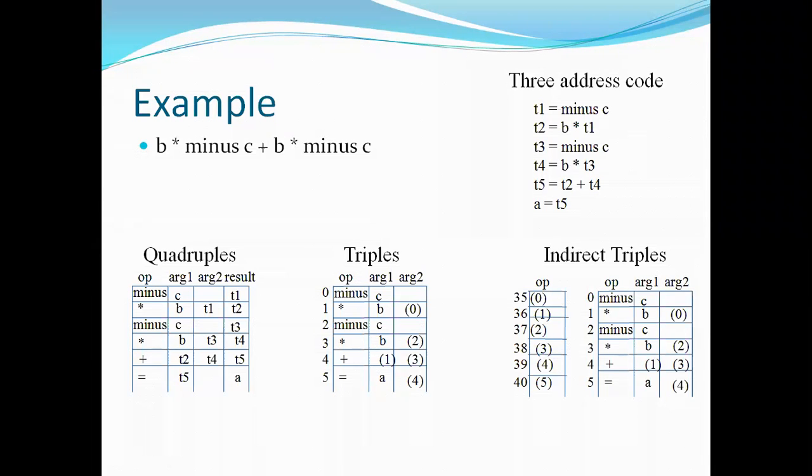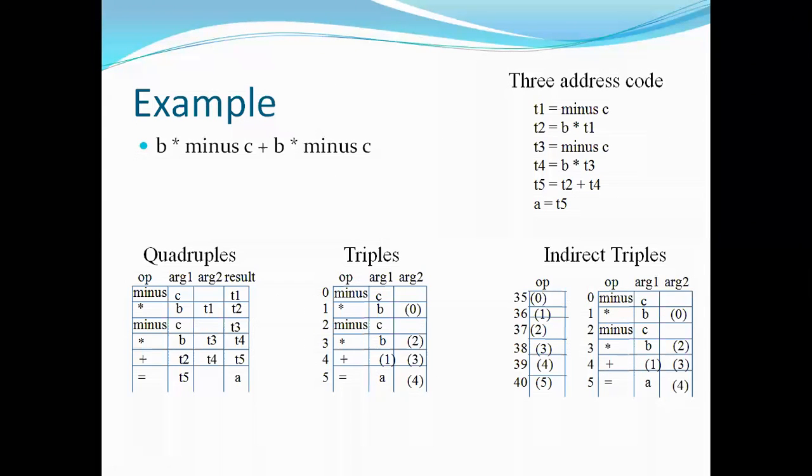And here I have a question. By using a separate table, that means we are separating the reference numbers for the indirect triples. That means there is a difference between the triple and the indirect triple, right? The small difference is just that the computations are made separately and stored.